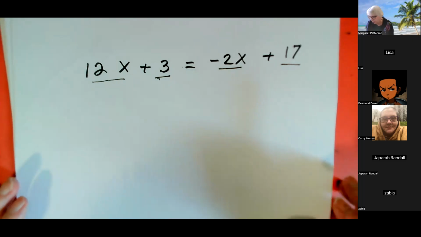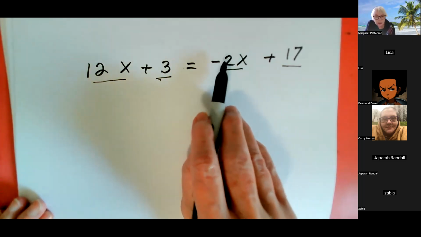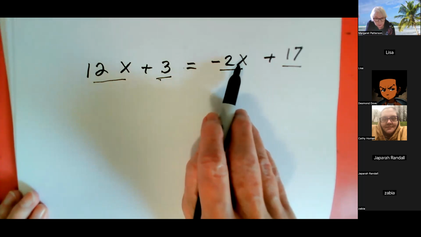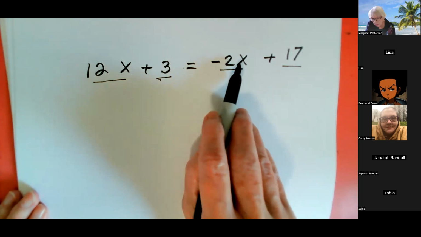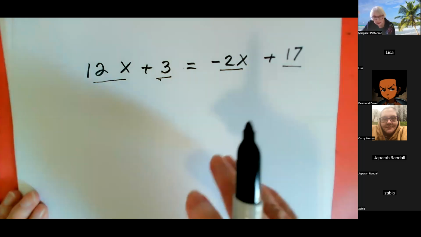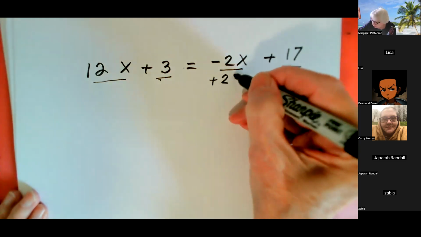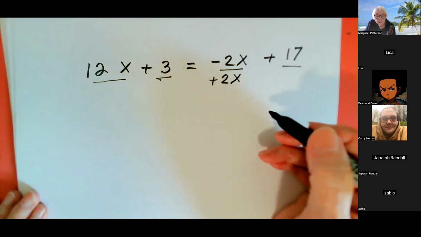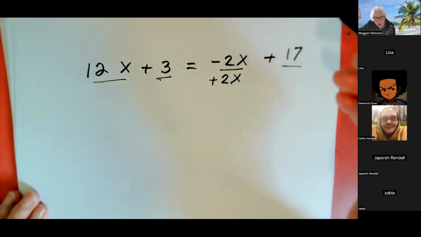Okay. So this one is 12x and this one is -2x. This is clearly the smaller of the two. So I'm going to choose to move this one. And because it's negative, to get rid of it, to make it go away, I have to do the opposite, so that the -2x and the +2x will be gone.